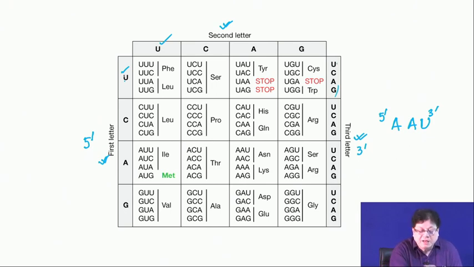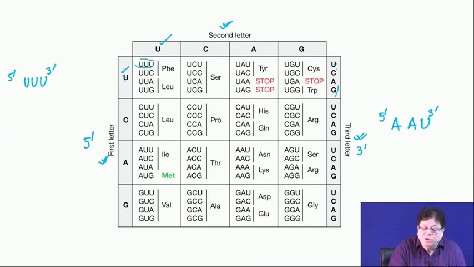Suppose I ask what codes for U, remember this is 5 prime, this is 3 prime. So, that will be U. Then you see what is written in the second letter box, what is written under U, that means this one.